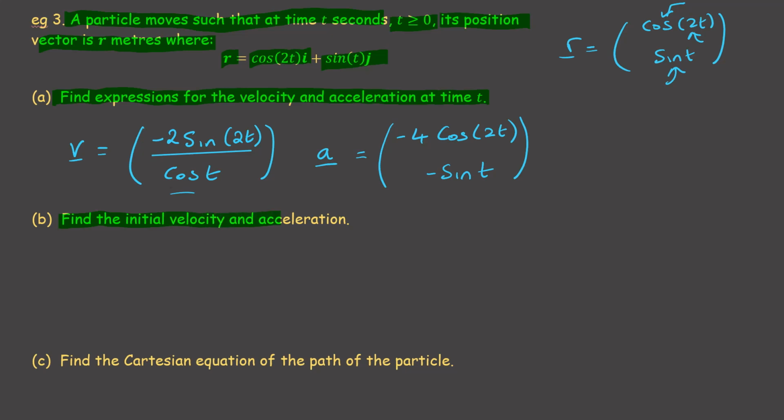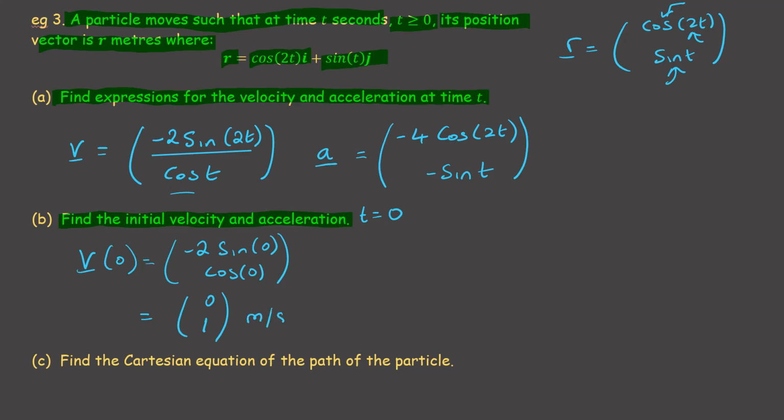Find the initial velocity and acceleration. Initial just means t equals 0. So v of 0 is going to be negative 2 sine 0, cos 0, and sine of 0 is 0, cos of 0 is 1, and that would be in meters per second.